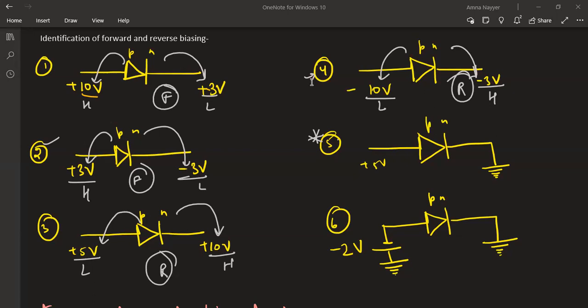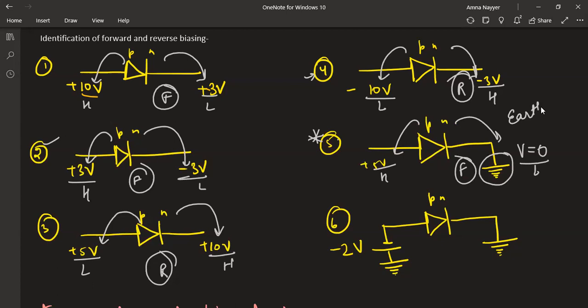See, this sign shows the symbol for earthing. This means potential is 0. So this is at higher, this is at lower. So again higher and lower, forward biased. So who is right? Rifat and Priya correct. This symbol is the symbol for earthing, which means potential becomes 0.